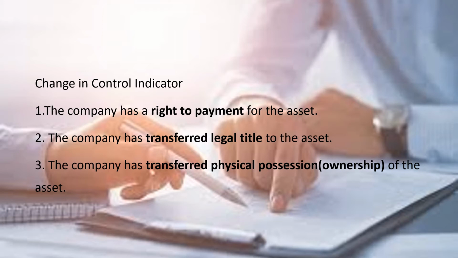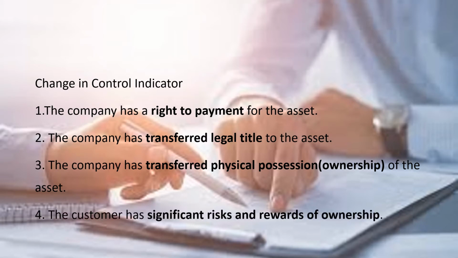When it comes to the customer, revenue can be recognized by either one of these methods. The first one is the customer has the significant risk and ownership of the asset. Then the customer has accepted the asset. Once they fulfill this control identification, they can proceed with the revenue recognition.